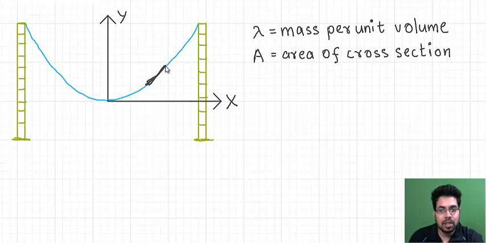The x coordinate of one end is x, and the x coordinate of the other end is x plus delta x. So what I'll do is draw this segment again and draw a free body diagram of this segment of the rope.